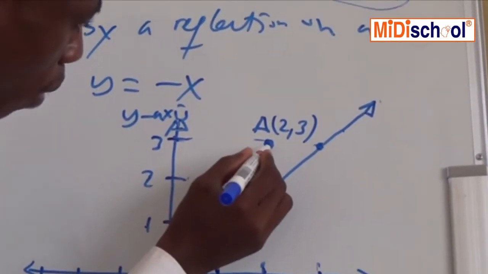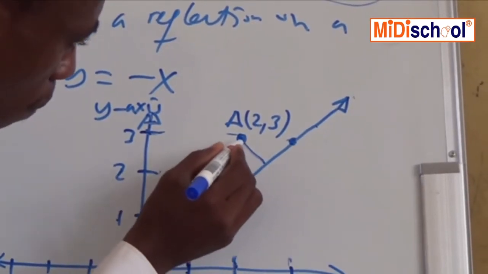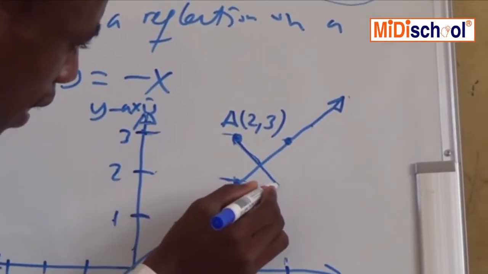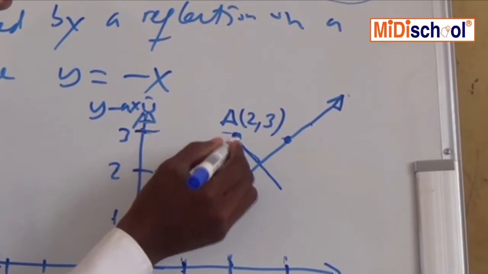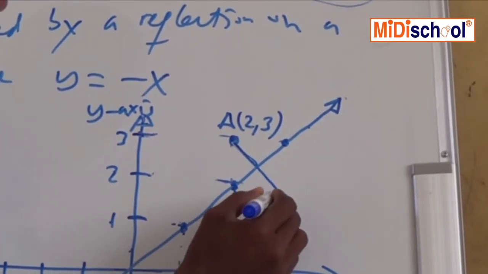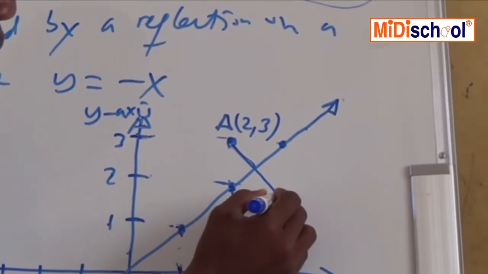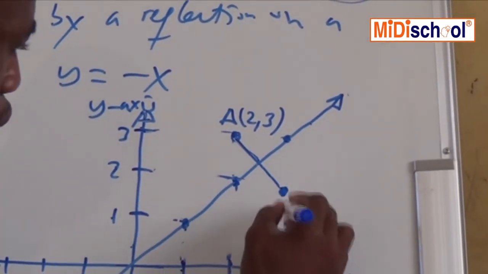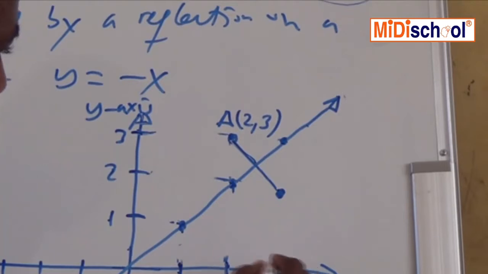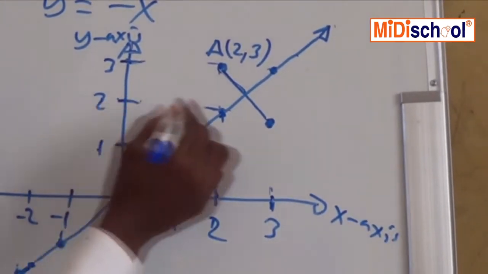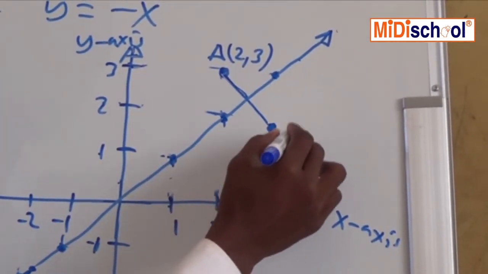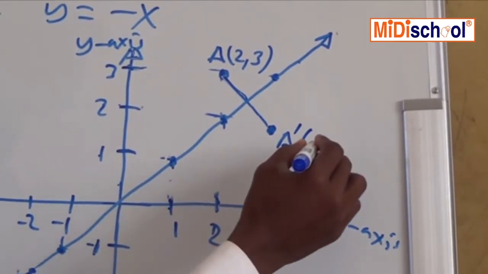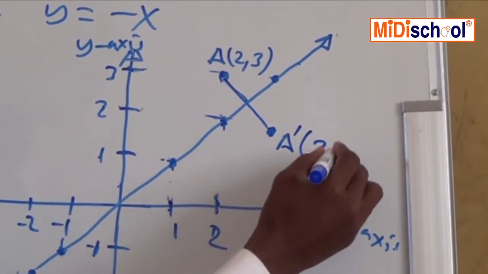So if I draw a perpendicular line the same distance from this point to the other point, where is it going to fall? I think it's going to fall at x = 3 and y = 2. So a point A dash is going to be (3, 2).